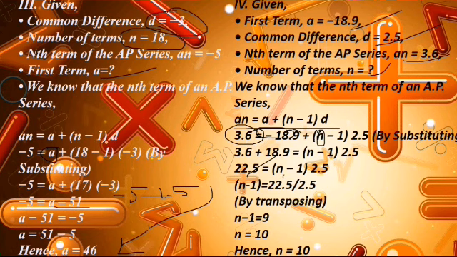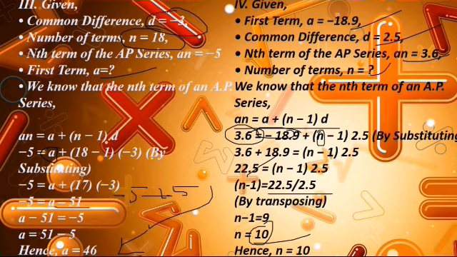Now transposing 2.5, n minus 1 is equal to 22.5 by 2.5. Dividing, we get 9. So the value of n is 10.